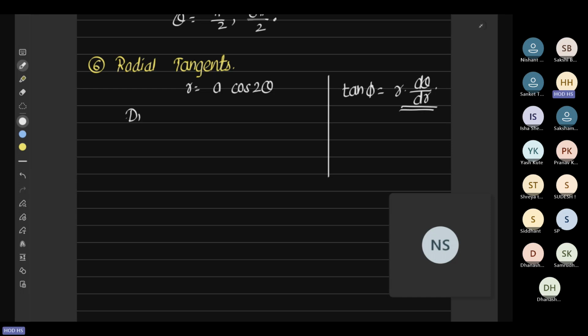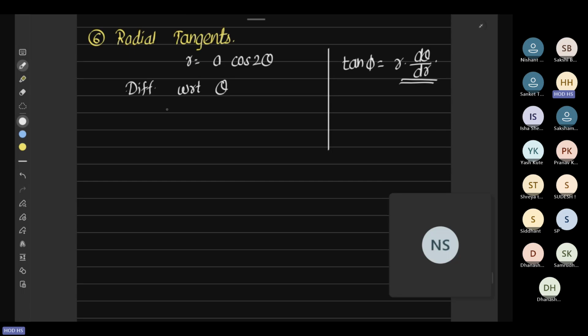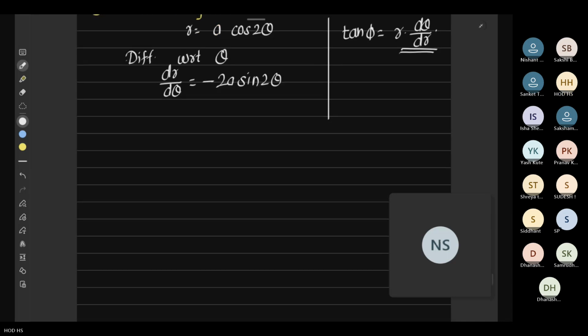So we will differentiate with respect to theta. So we have dr by d theta as differentiation of cos is minus sine, so minus 2a sine 2 theta. I need to take the reciprocal. So d theta by dr is 1 upon minus 2a sine 2 theta, and I need to multiply by r. So I'm multiplying by r to both sides.